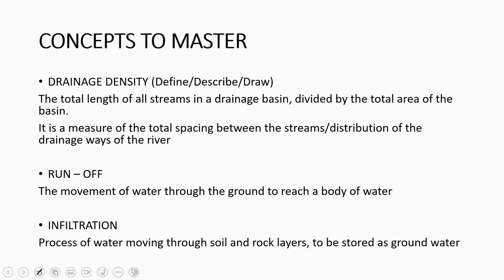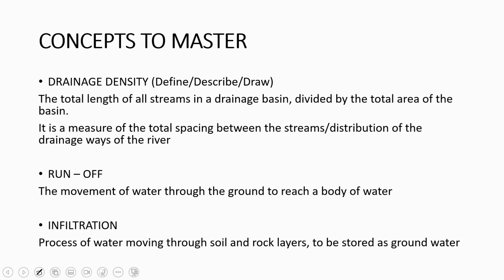And then there's infiltration. Listen to the way I say it. Infiltration, okay? So the earth or the soil acts as a filter when the water moves through the soil and rock layers to be stored as groundwater.